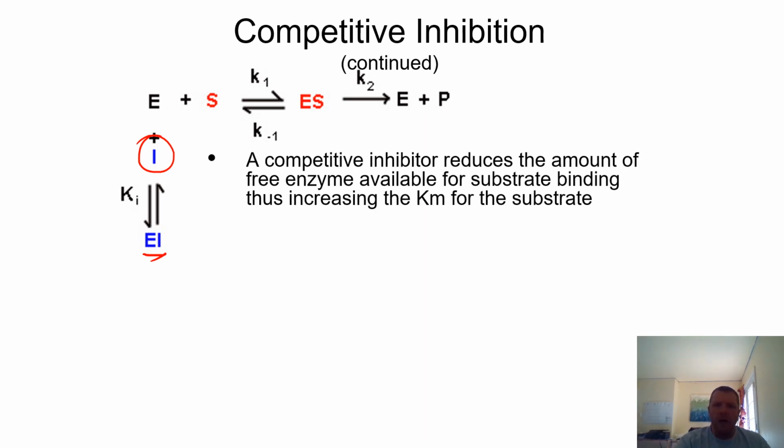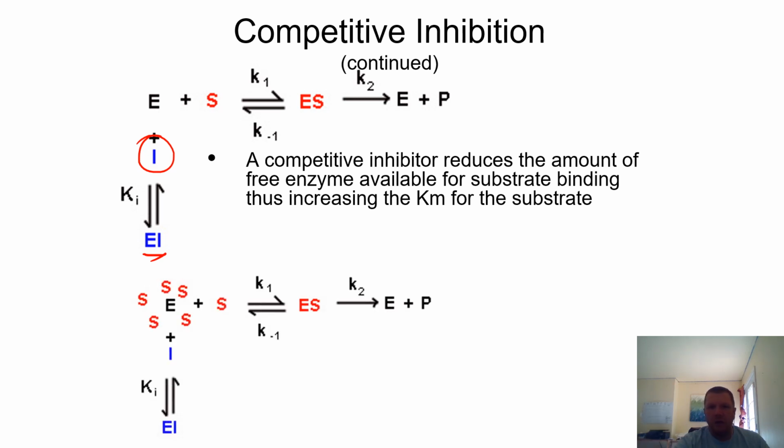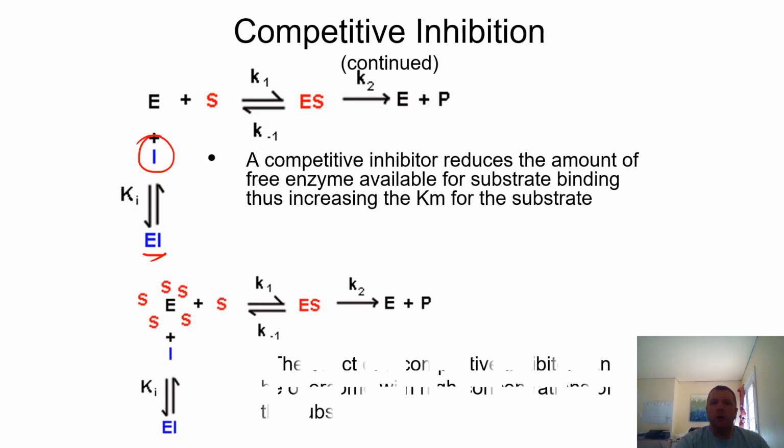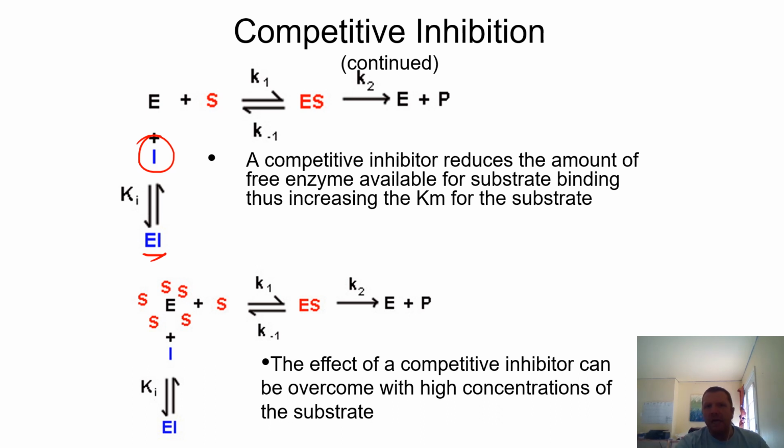A competitive inhibitor reduces the amount of free enzyme available for substrate binding, thus the Km for the substrate is going to increase. Okay, so you can outcompete a competitive inhibitor by adding more and more of the substrate.